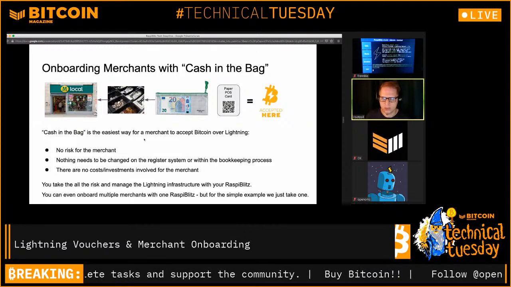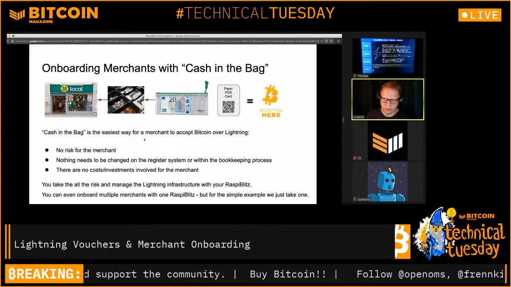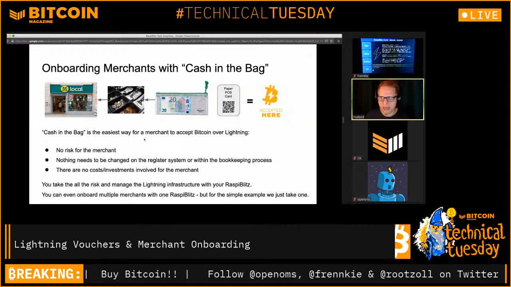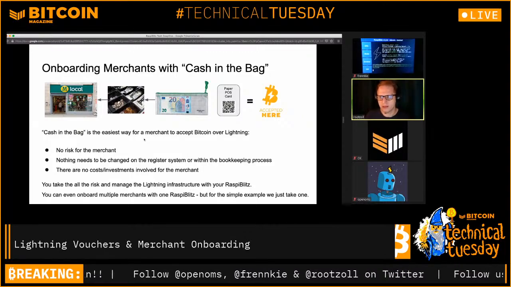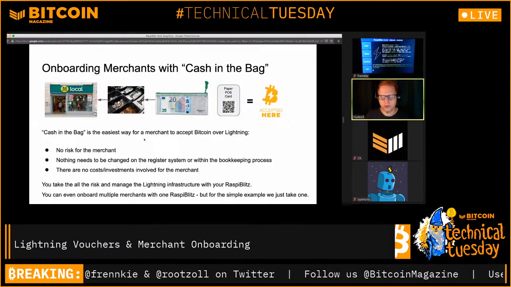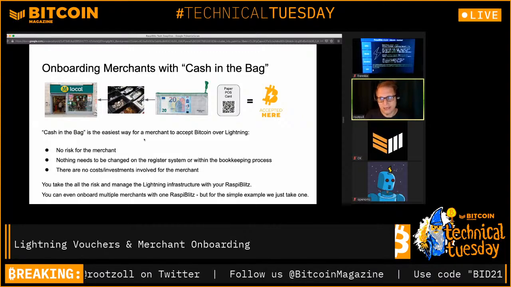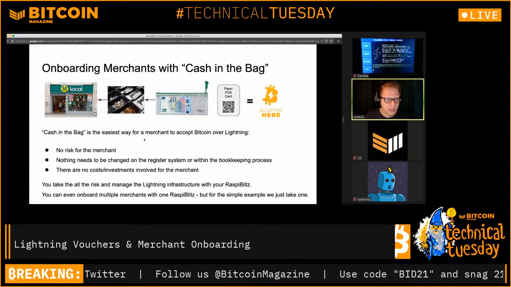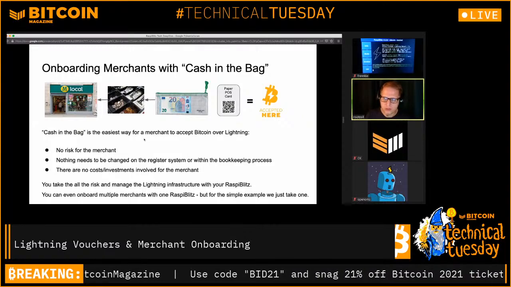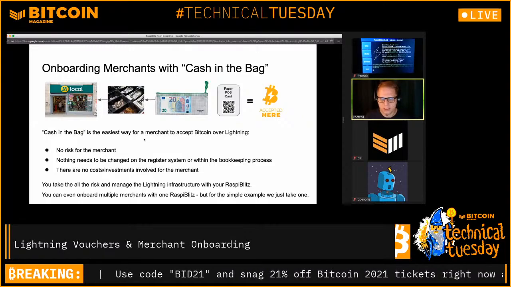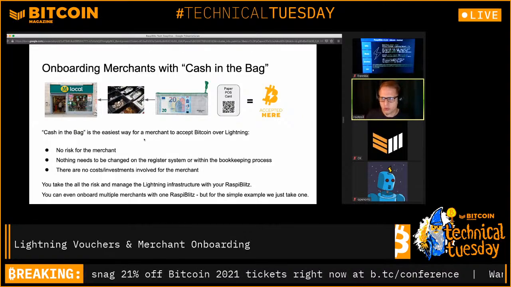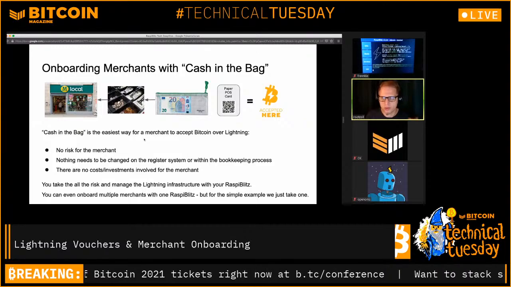This is what you're doing with your normal node management, and with LNbits and the cash in the bag, you can make it very easy for a merchant to utilize your setup to accept Bitcoin and get cash in the end. So this is what we will see. You could even do multiple merchants with one RaspiBlitz, but to keep this simple, let's just talk about one. In the future, you should be able to have multiple merchants with one RaspiBlitz.